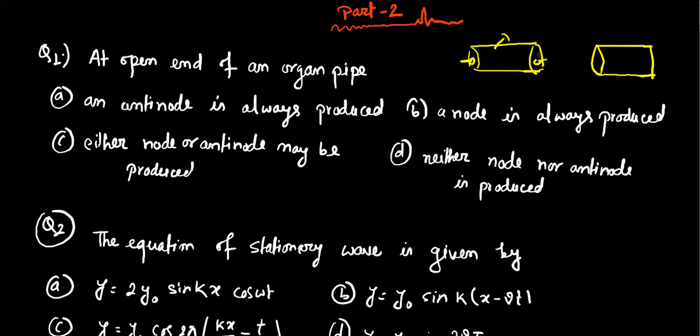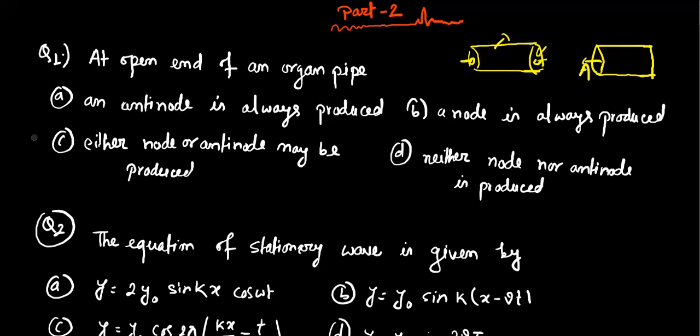As the air molecules are free to vibrate at the open end, we can say that at the open end of either a closed or open organ pipe, only antinodes are formed. So to find the result, we have to see in which option this is given, that means antinode is formed.